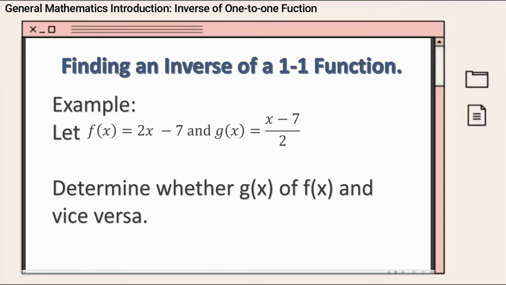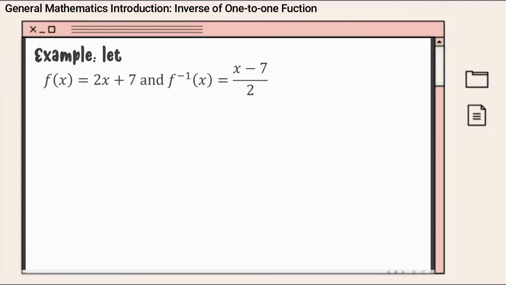Finding an inverse function using the property. Example, let f of x is equal to 2x plus 7 and f inverse of x is equal to x minus 7 over 2. So we will use the first property.